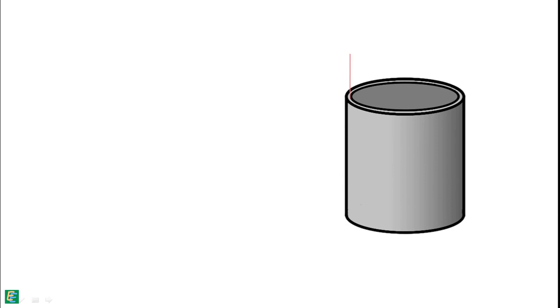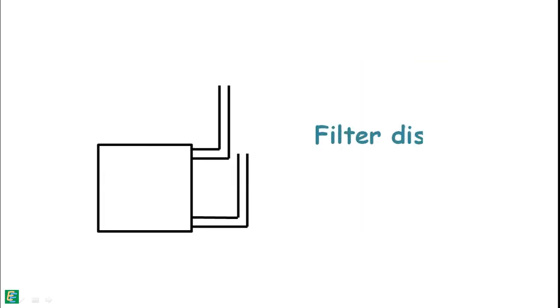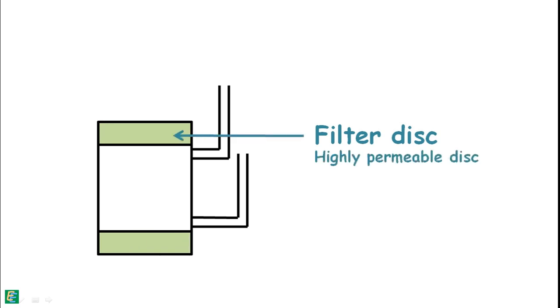First, we measure its internal diameter and determine its internal area, which we say is capital A. This mold is attached with two filter discs at the top and the bottom. These discs are porous and highly permeable. These are also provided with inlet and outlet facilities.